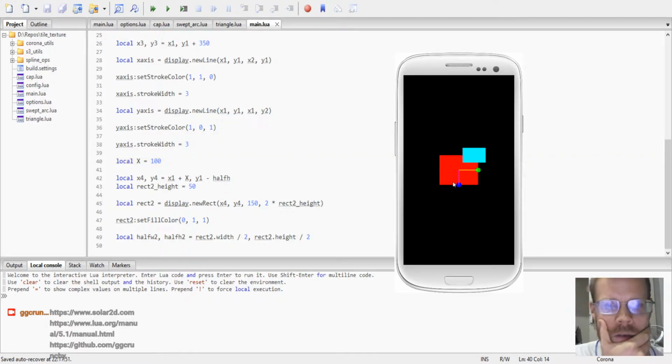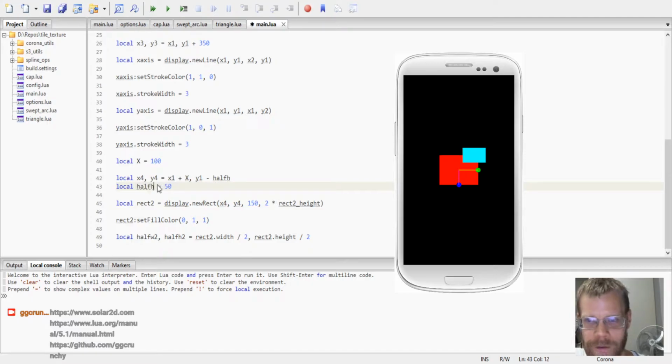All right, this is not quite where I wanted it to be, but because this is the half height, I was right. So X1 minus half height. Oh, and I didn't even use it. So this is actually half height 2, and then we want 2 times half height.